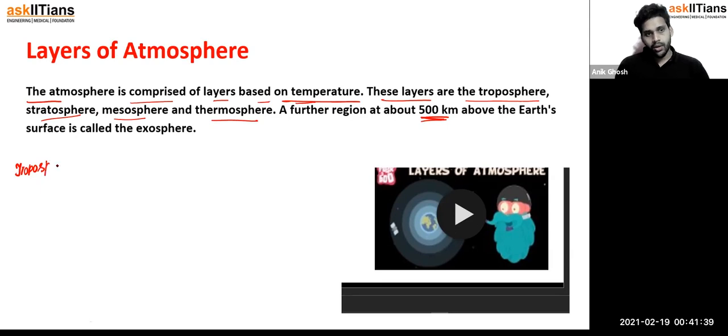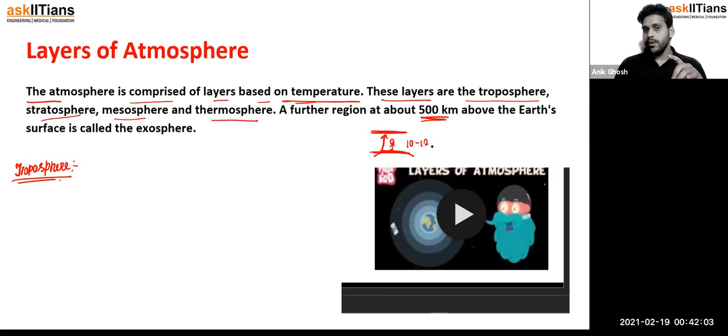Okay, troposphere. So what is the troposphere? Remember, if this is the earth's surface, the first layer over your head in this atmosphere is called the troposphere. It starts from the earth's surface and goes up to 10 to 12 kilometers.